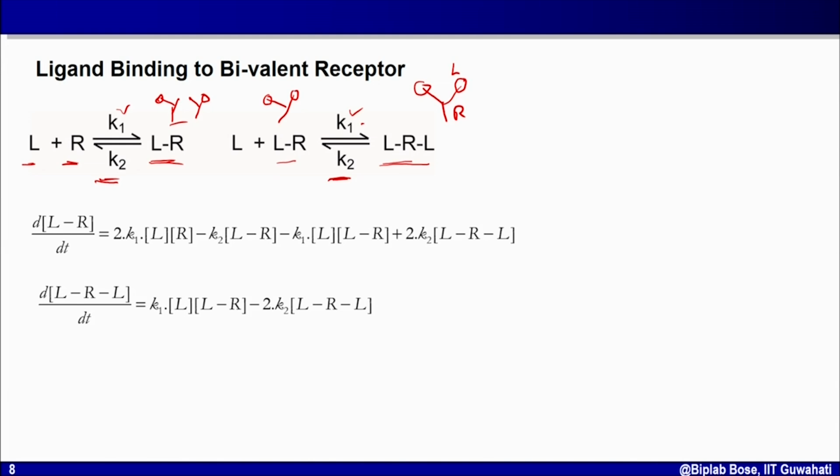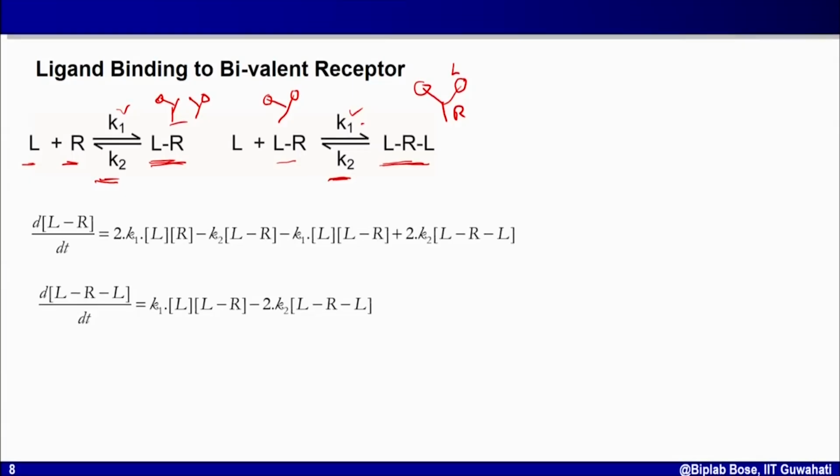Similar conservation can be assumed here, and therefore we are left with only one variable LR and the other dependent variable LRL. So let us look at the ordinary differential equation that represents the rate of change of concentration of LR, the first complex, where one ligand is bound to one receptor. That is given here. That would be equal to the rate of formation of this complex, that is K1 into L into R.